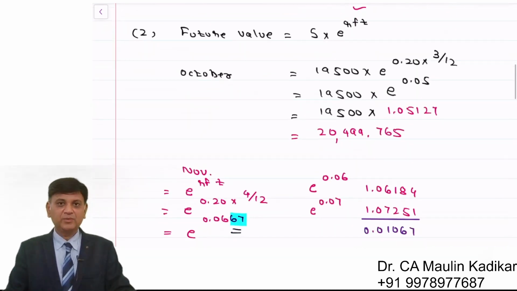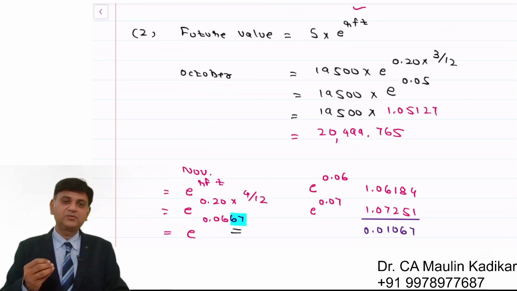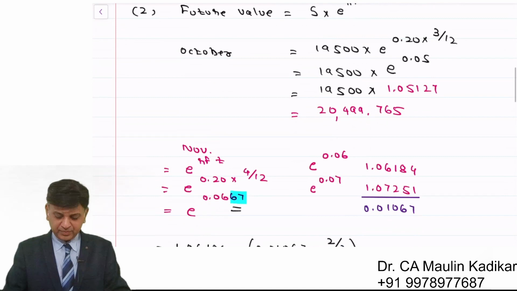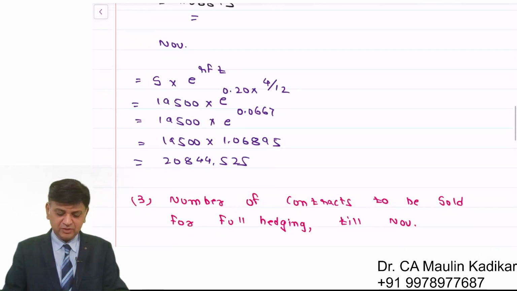In the second part of the question, we are required to compute the future value. For the month of October, it is spot plus interest. No dividend information is given. For the month of October, the answer is quite simple because for 5% directly the e-factor is given. For the month of November, it is raised to like 0.0667. So we are required to do interpolation of 6 and 7, and accordingly we are required to compute the future value for the month of November.